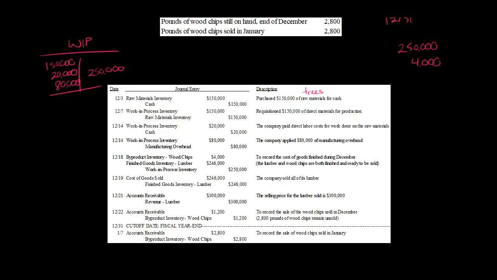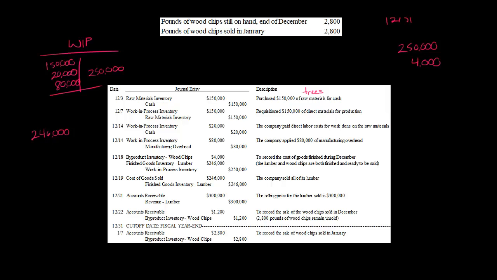Now let's say on December 19th, we sell all of the lumber. So it had been $246,000 in finished goods, but now we're going to zero that out. We're going to credit finished goods inventory lumber for $246,000, and we're going to debit cost of goods sold for $246,000.